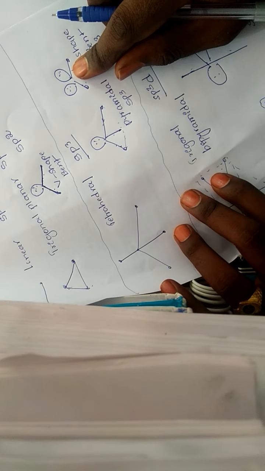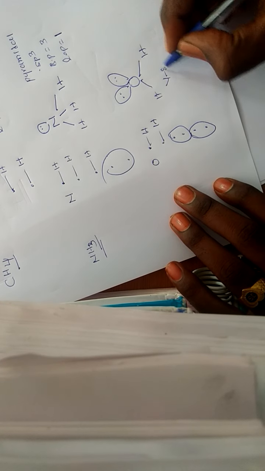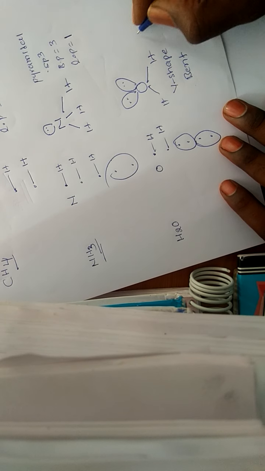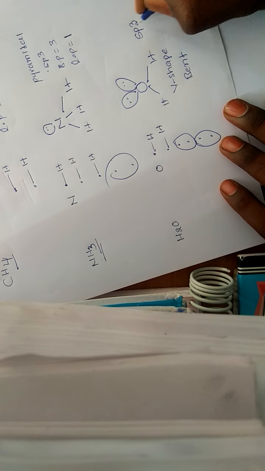Now what is the shape? We already did it: the molecule with 2 lone pairs and 2 bond pairs is V shape, or you can take it as bent. The hybridization is the same, sp3.